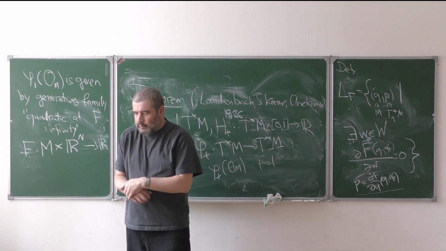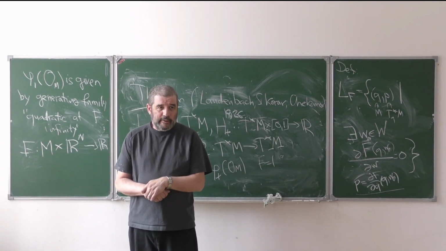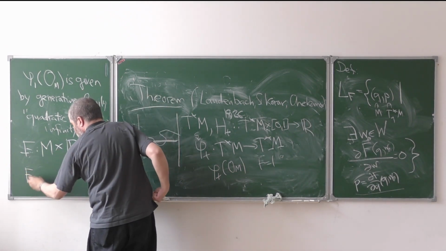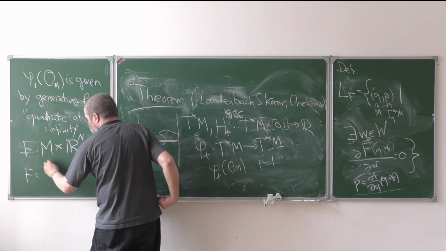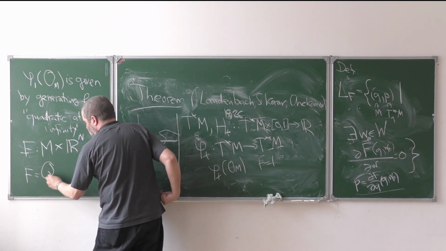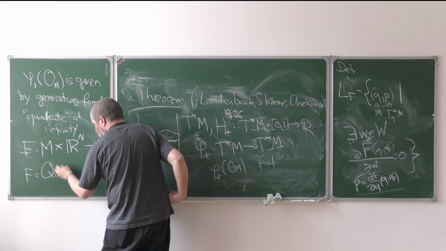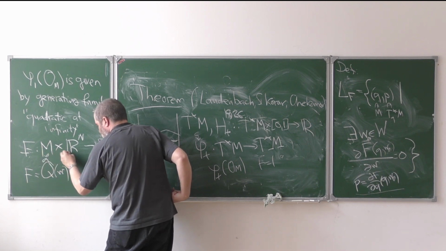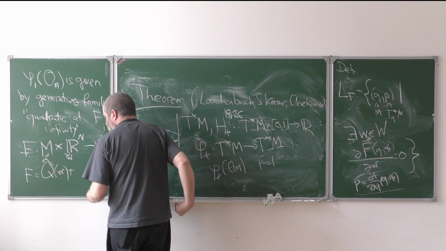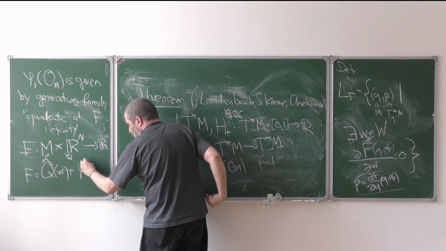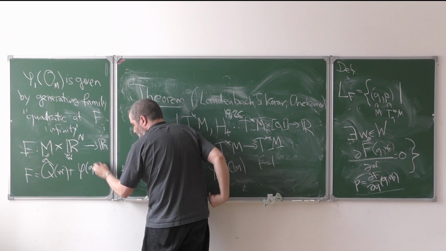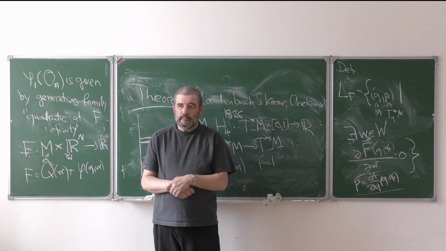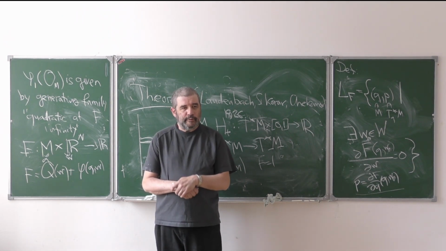F is called quadratic at infinity if F is equal to a non-degenerate quadratic form plus a function with compact support. Do you know what support is?